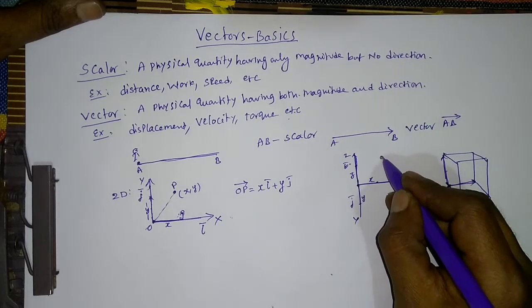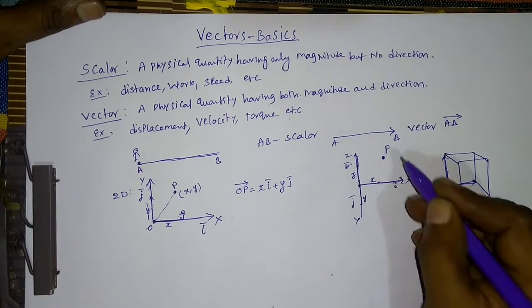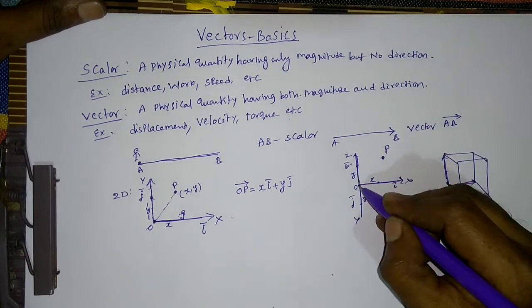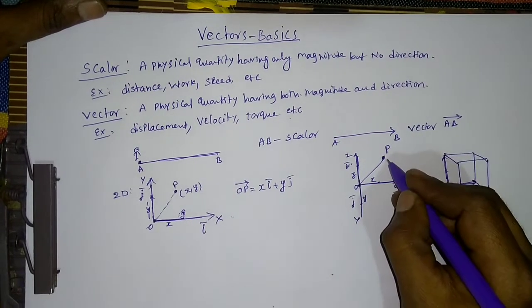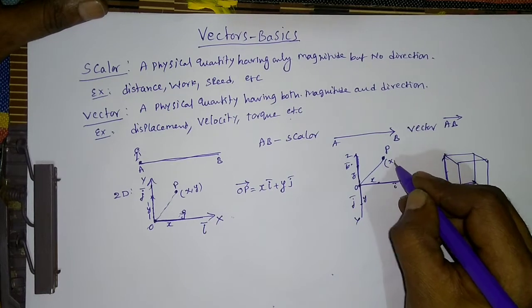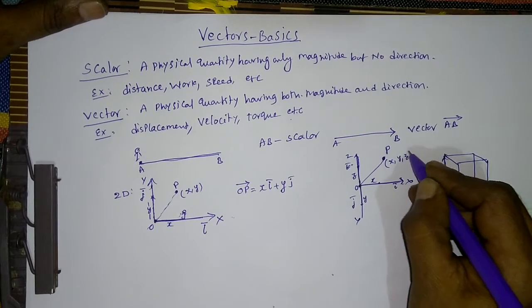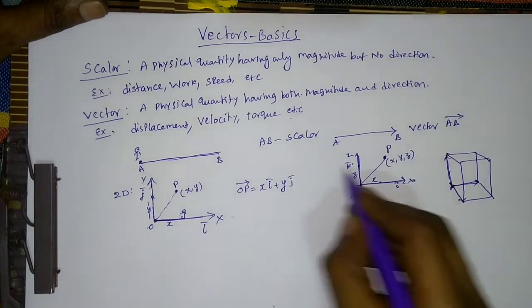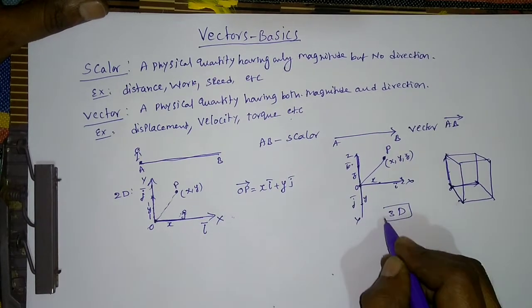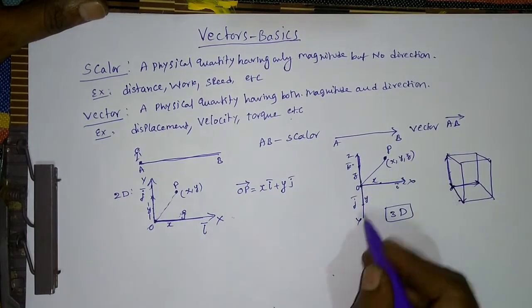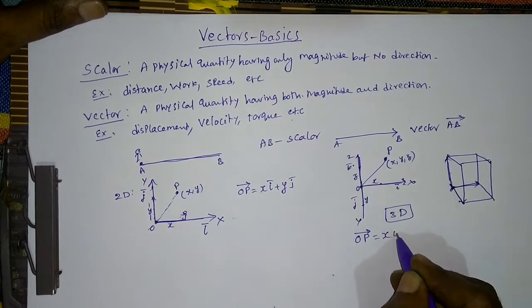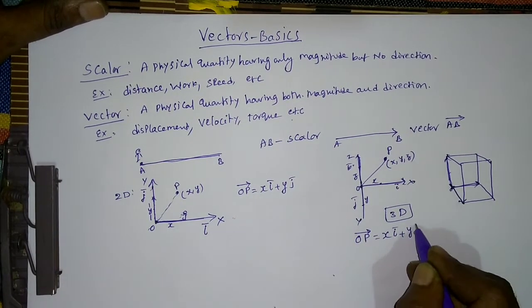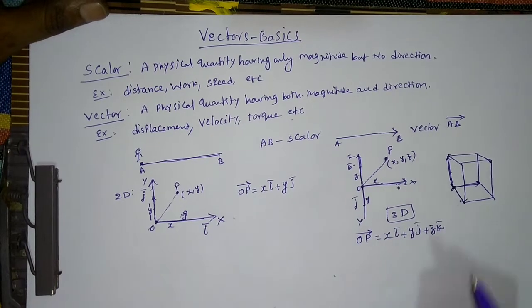Now if the person is at point P, with O as the origin, the distance traveled from O to P in the three-dimensional plane has coordinates x comma y comma z, in 3D. This OP bar can be represented as xi bar plus yj bar plus zk bar.